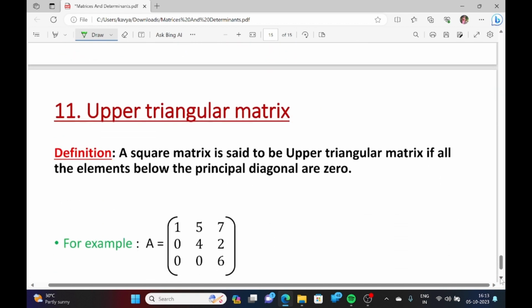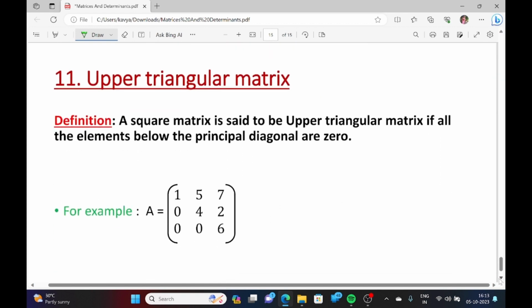Same but opposite to lower triangular is upper triangular. That means it is also a square matrix, a 3 cross 3 matrix, and it is said to be upper triangular if all the elements below the principal diagonal are equal to 0.